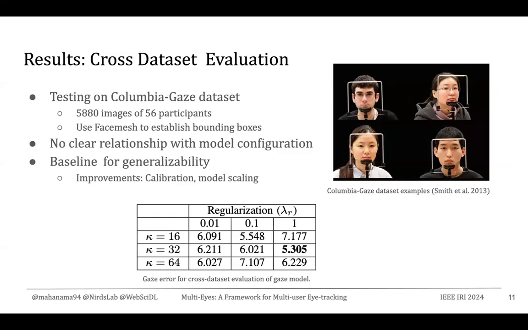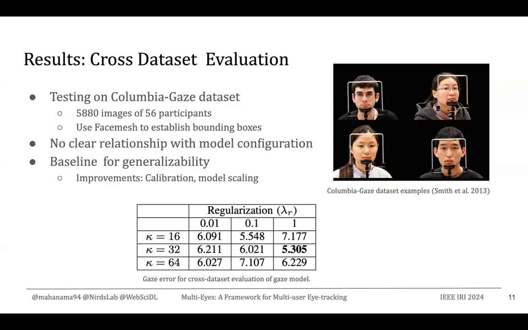In the next evaluation, we investigated the cross-dataset performance of our gaze estimation model using the Columbia Gaze dataset. The dataset has around 5,800 images with over 50 participants. We did not observe any clear relationship with the model configurations, but we saw the worst error of 7 degrees and a best error of 5 degrees for the gaze estimation.